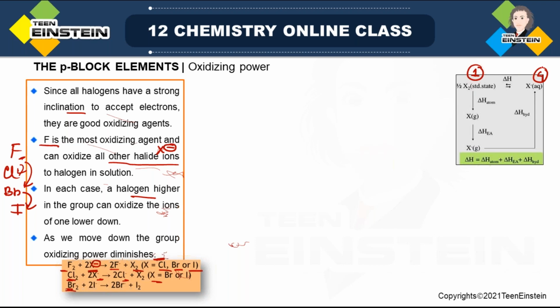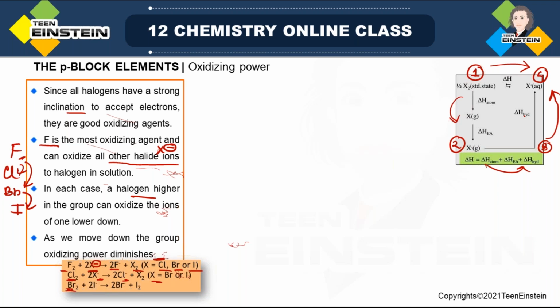Now you can reach from 1 to 4 directly, or you have another option. First you reach state number 2, then you reach state number 3 from 2, and then from 3 you reach 4. That means you are not directly moving from 1 to 4, you are moving through 2 and 3.